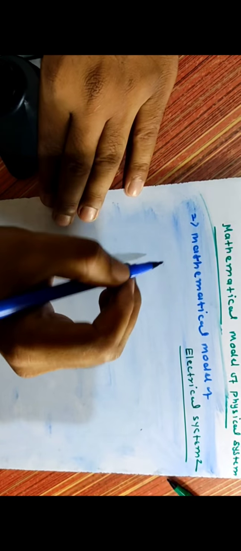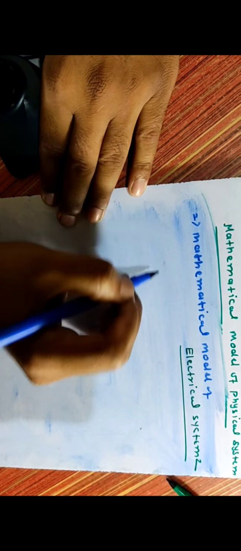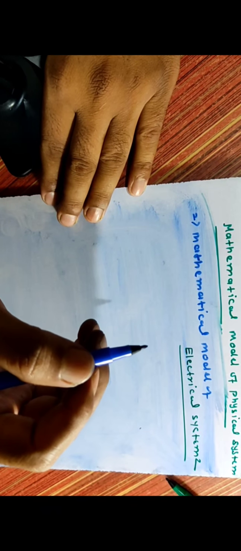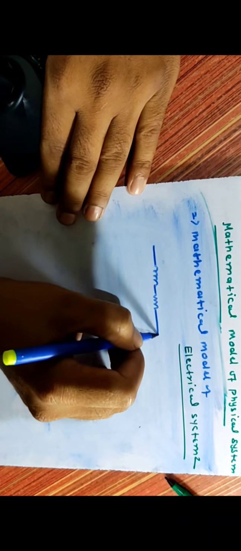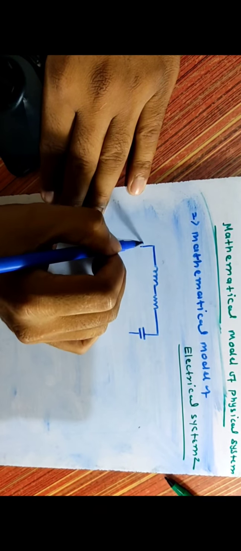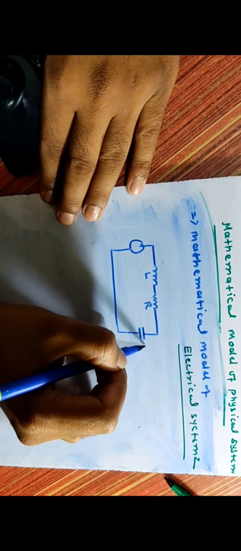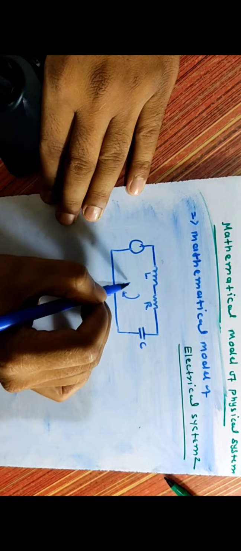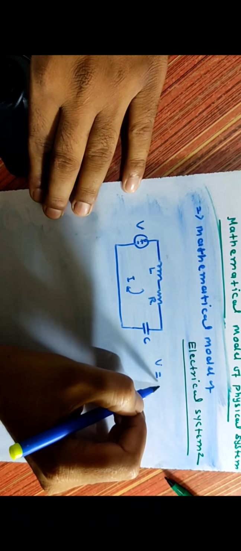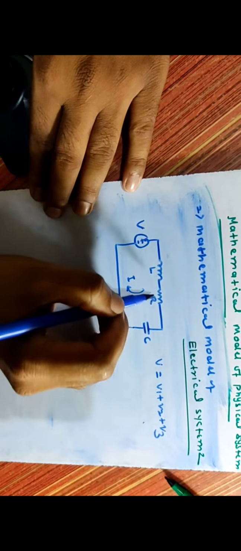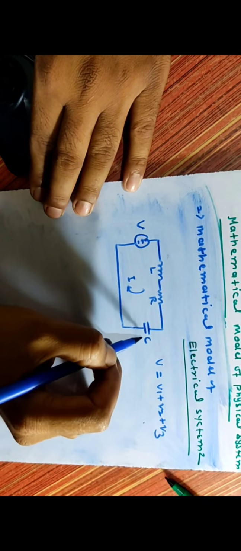So what are electrical systems? Electrical systems involve voltage, current, resistance, inductance, capacitance, current I, voltage V. V is equal to V1 plus V2 plus V3, where V1 is voltage across the inductor, V2 is voltage across the resistor, and V3 is voltage across the capacitor.